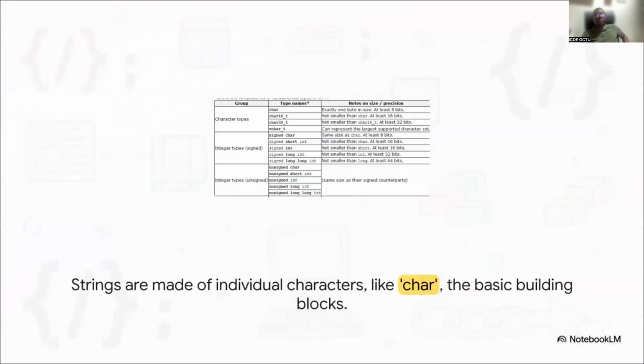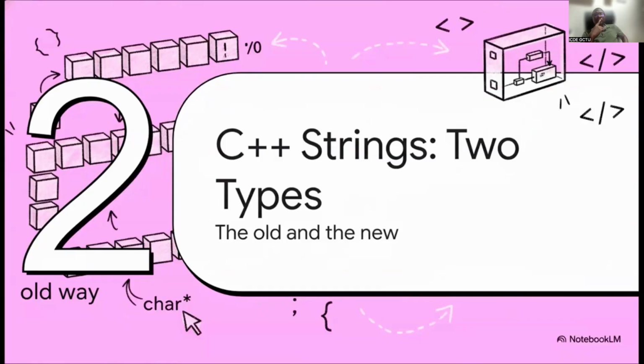So what are these characters made of? Well, in C++, the most basic little piece of text is called a char. I always think of a char as being like a single Lego block. And a string, well, that's the awesome spaceship you build by snapping all those individual blocks together in a very specific order. So how does C++ actually work with strings? Well, because C++ has been around for a while, it's got a bit of history, and that means there are actually two different ways to do this.